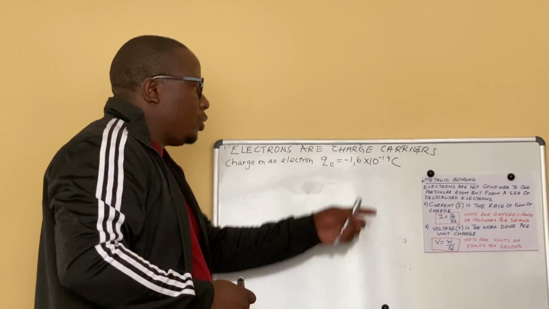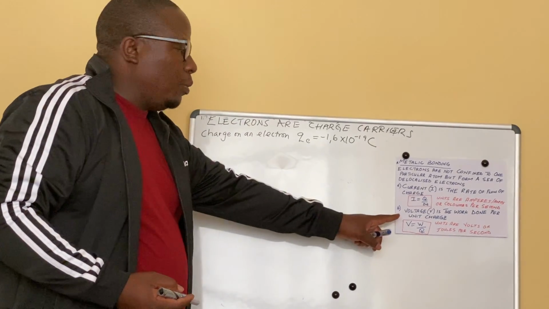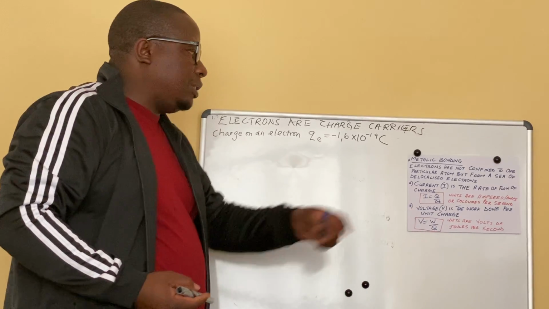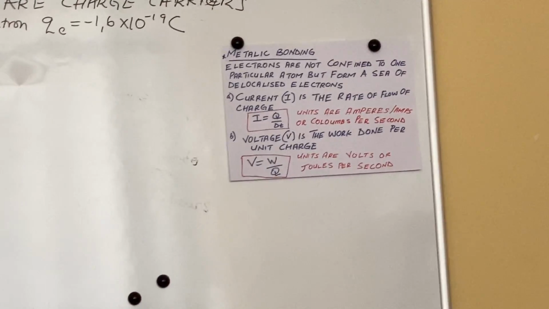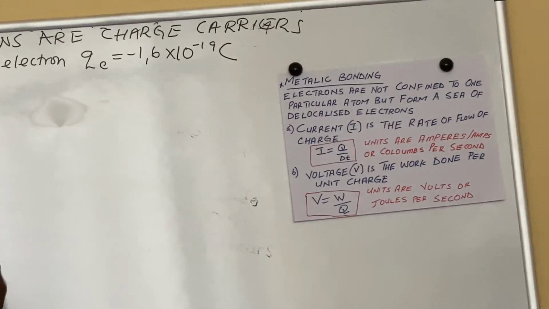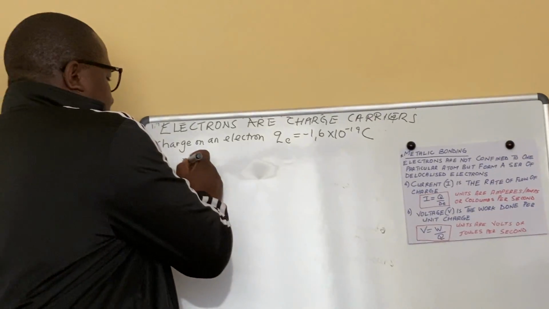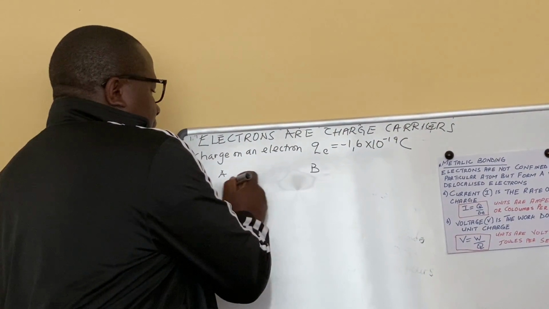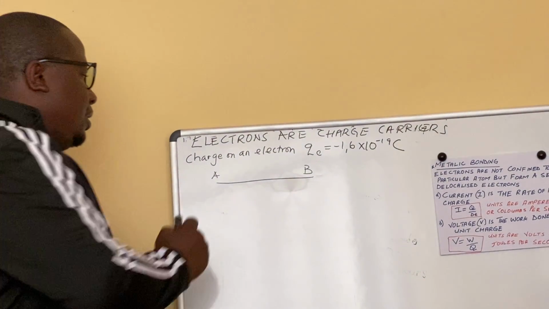Are we together there? So we understand now what current is. Then from current, we need to look at what is called the voltage. Voltage, capital letter V, is the work done per unit charge. So in other words, if we have 2 points here, a point A and a point B, and this is a conductor, a material that is able to conduct electricity.